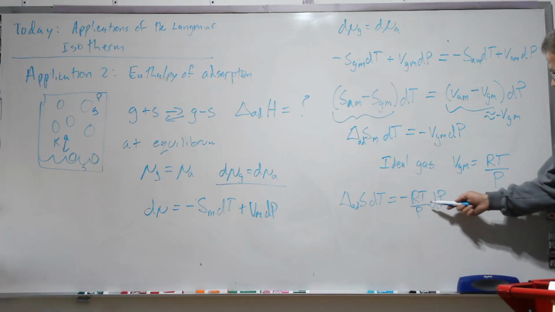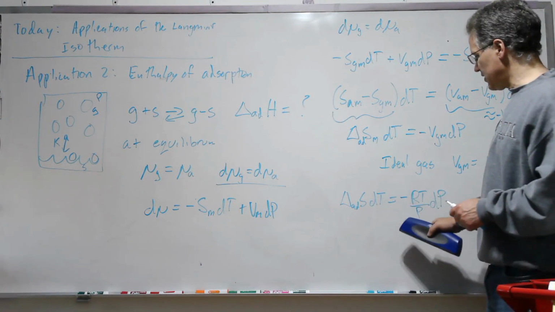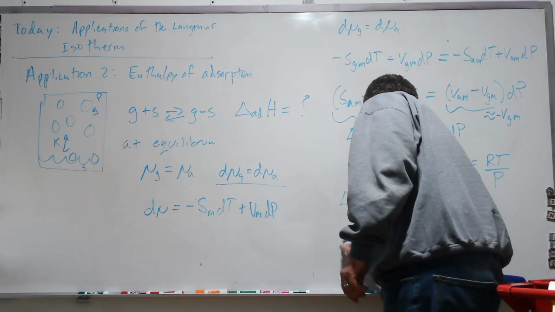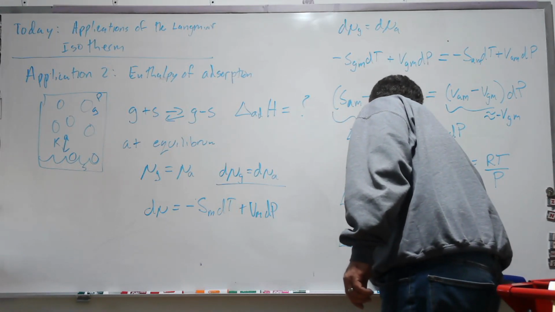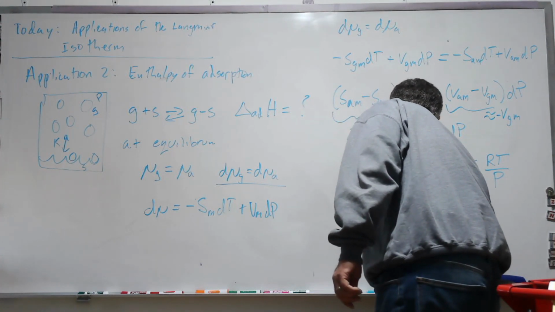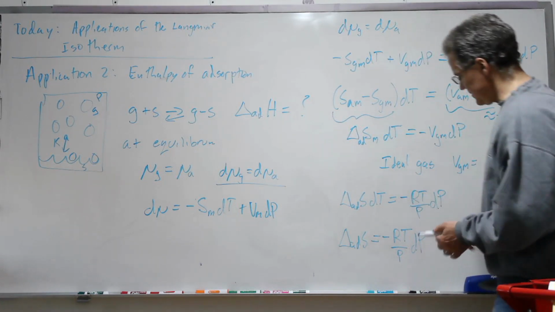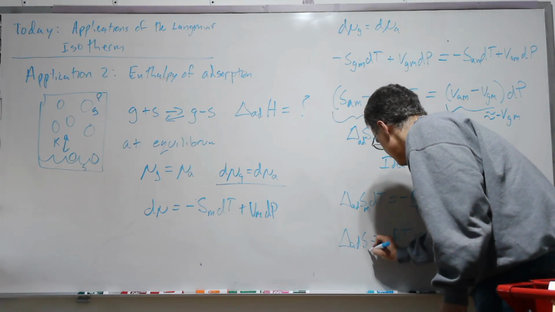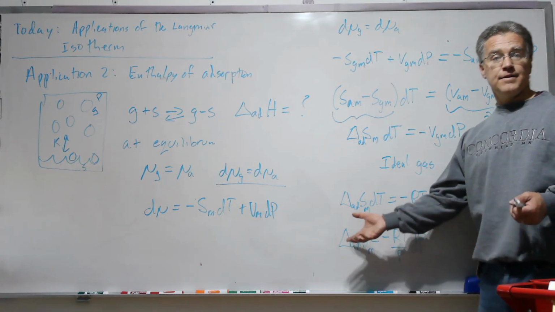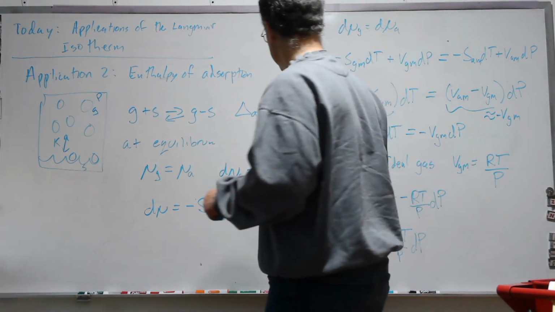Now I could express this, let me just get just delta S, so I'll bring this dT over here. So I get delta S adsorption equals minus RT over P dP. And this is molar, I should always remember that's the molar quantity. So we multiply by n, number of moles, on each side for the quantity for an arbitrary amount.